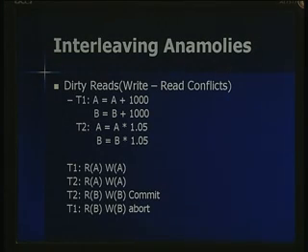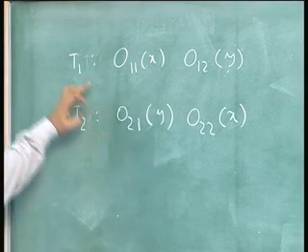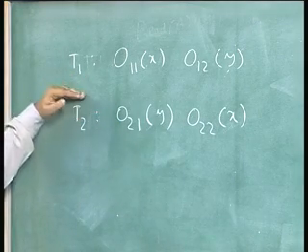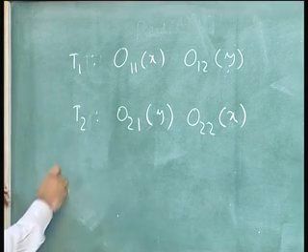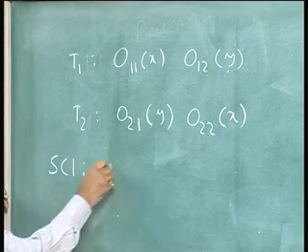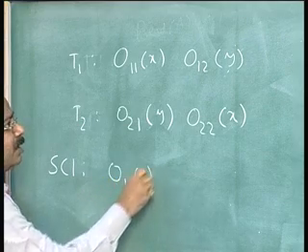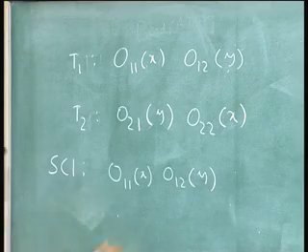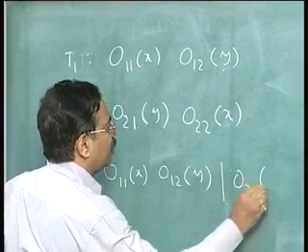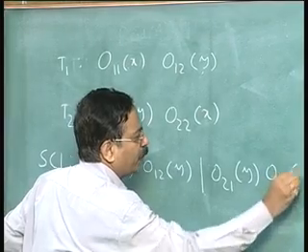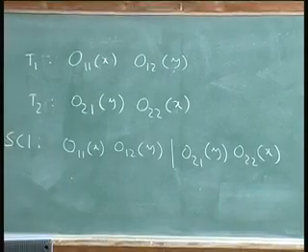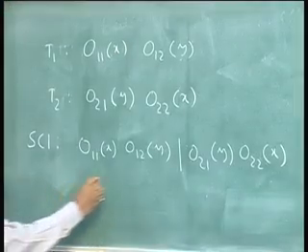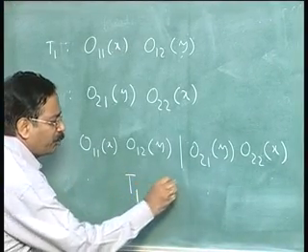Now, no matter how these operations are executed, as long as it is possible for you to say that all the operations of T1 have been executed before T2, which is equivalent to saying that if there is a schedule in which O11 on X and O12 on Y have finished before O21 on Y and O22 on X are executed by the database manager, this is equivalent to saying that T1 finished before T2.